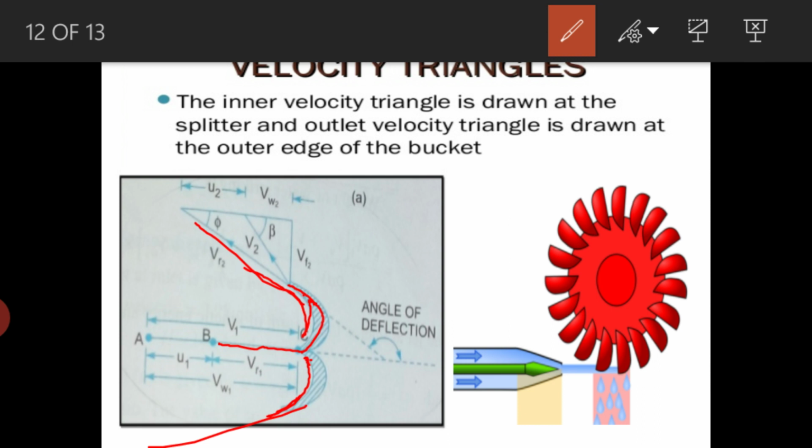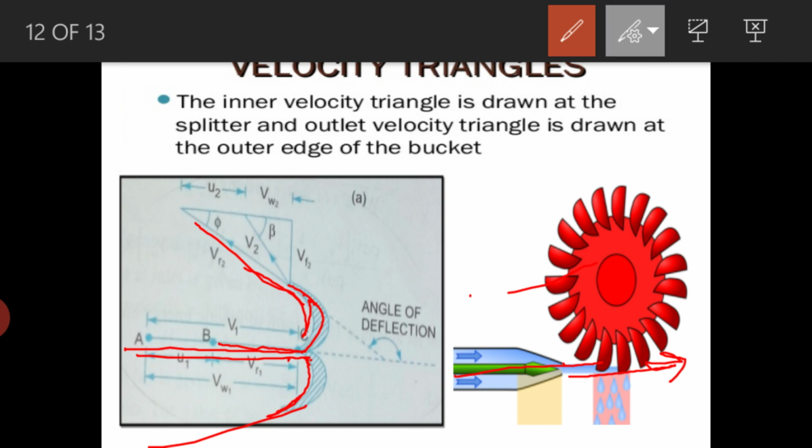Just look at this figure. Since the jet is striking tangentially, and that too at the center, the inlet velocity triangle will be a straight line. On this straight line you can mark the absolute velocity.